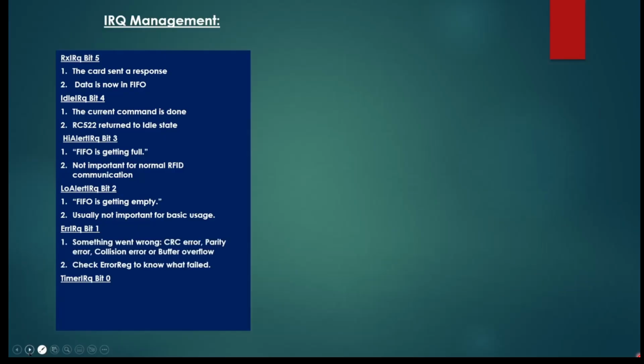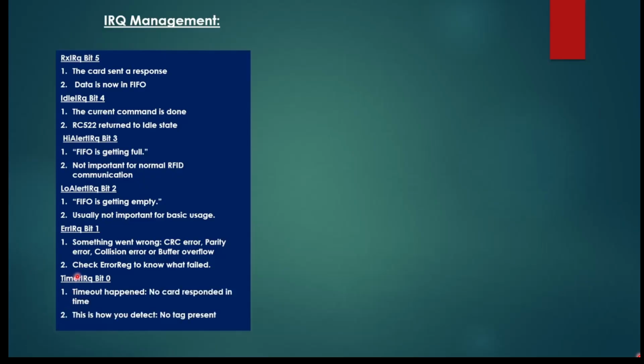Next, we have the error interrupt, bit 1, which tells us that something went wrong. It could have been a CRC error, parity error, collision error, or buffer overflow. So then you have to check the error register to know exactly what went wrong.